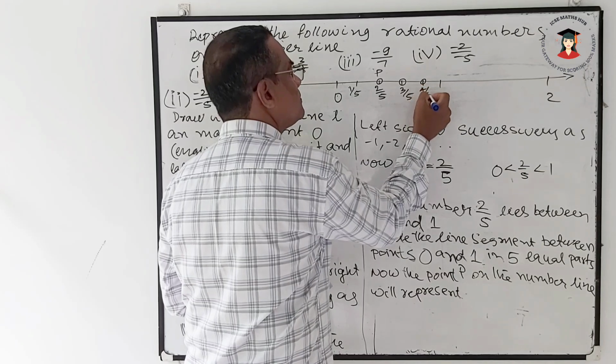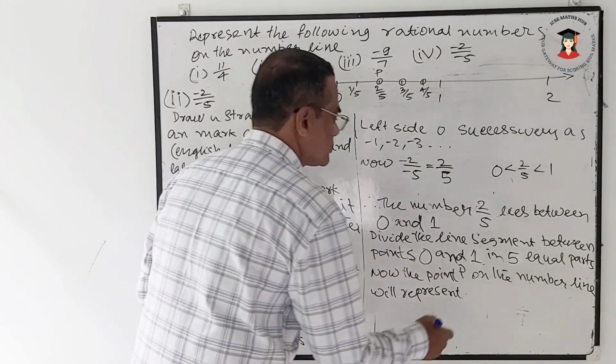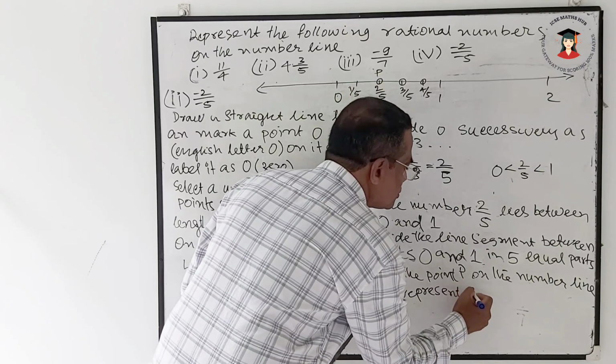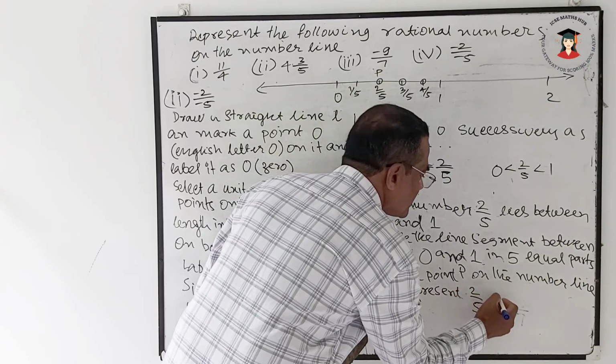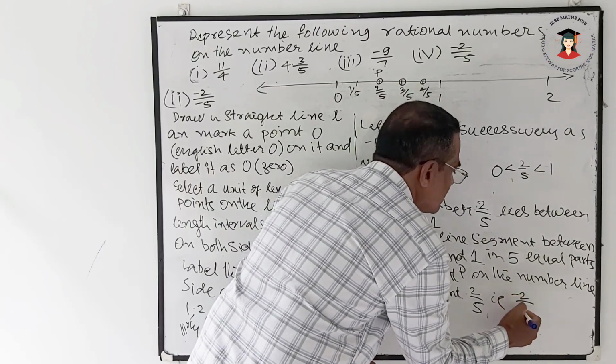The point P on the number line will represent 2 by 5 or minus 2 by minus 5.